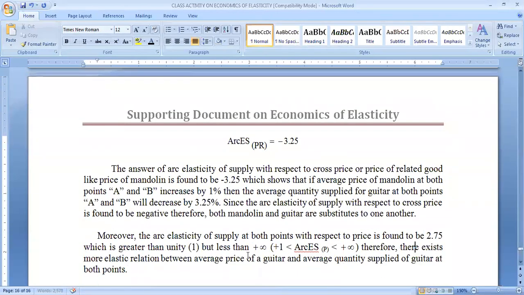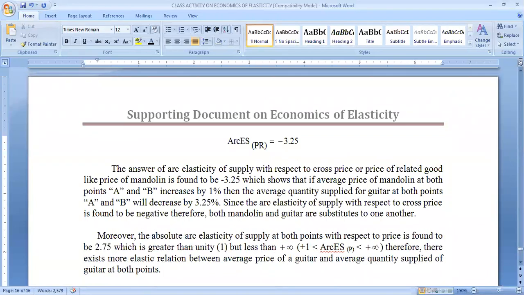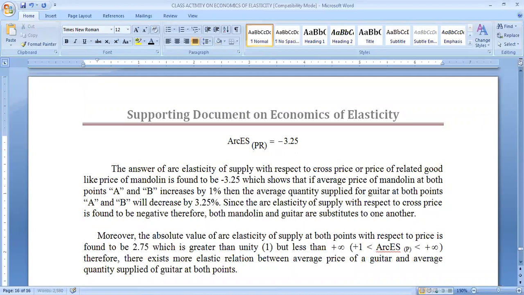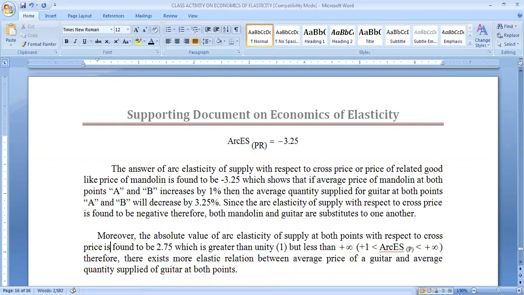Moreover, here we should write: the absolute value of arc elasticity of supply at both points with respect to cross price is found to be 3.25, which is greater than 1 but less than plus infinity.